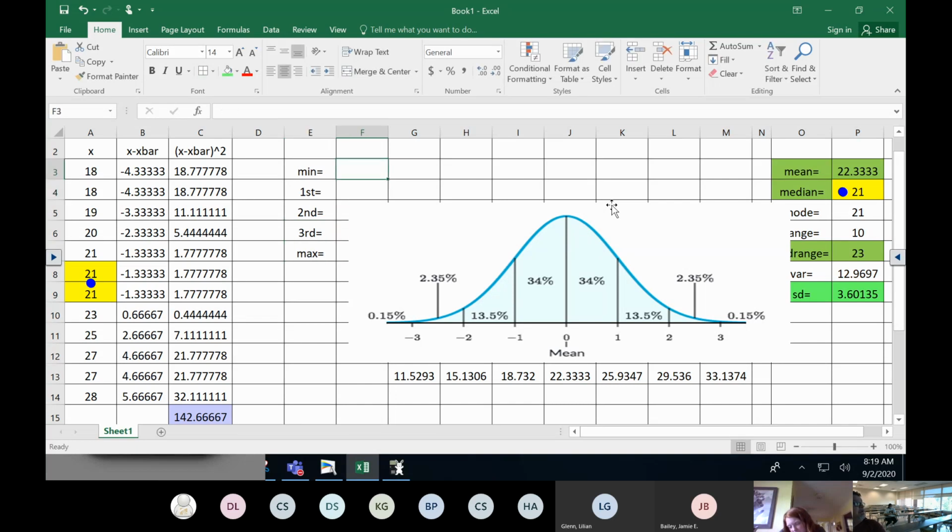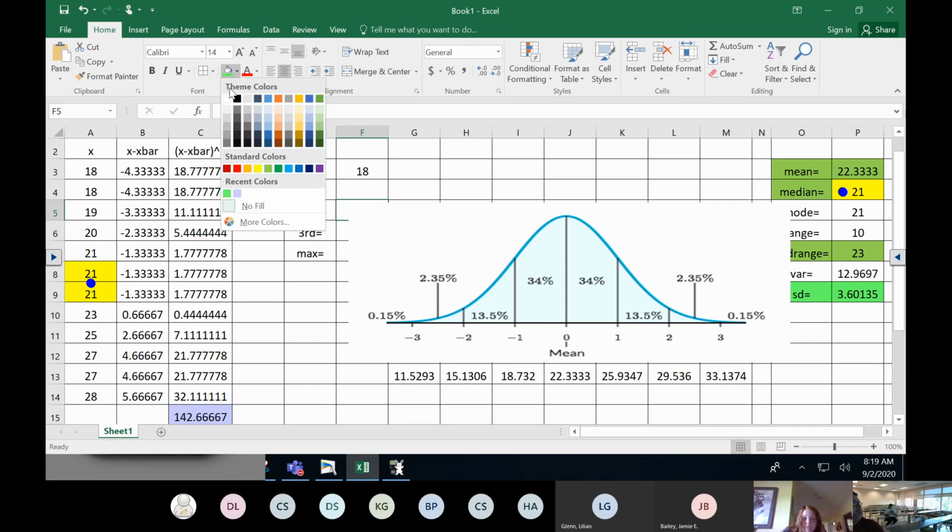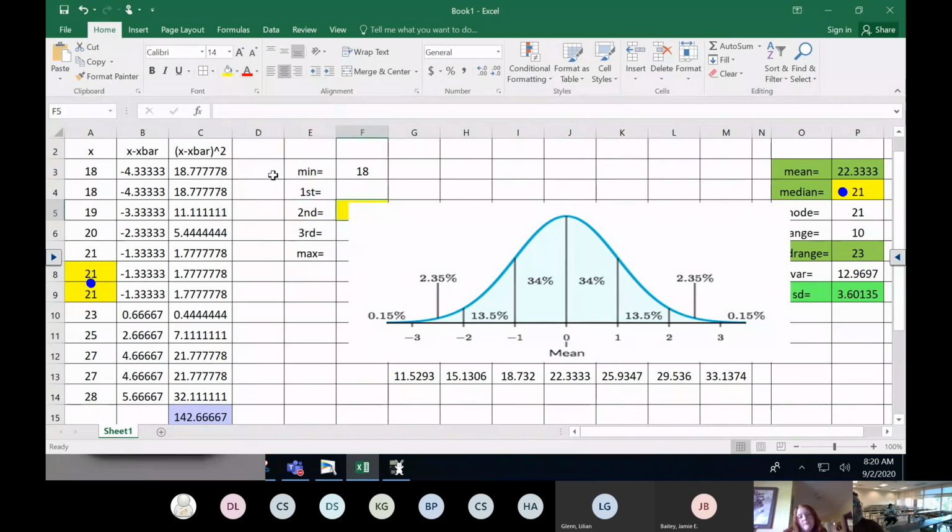Now the mean is pretty easy. That's going to be that number. The second is going to be even easier. Can anybody tell me what the second quartile is? It's the median.